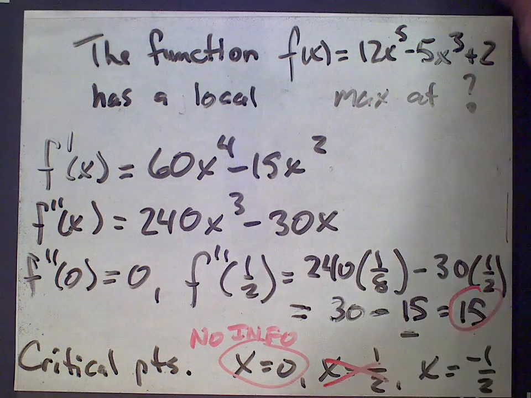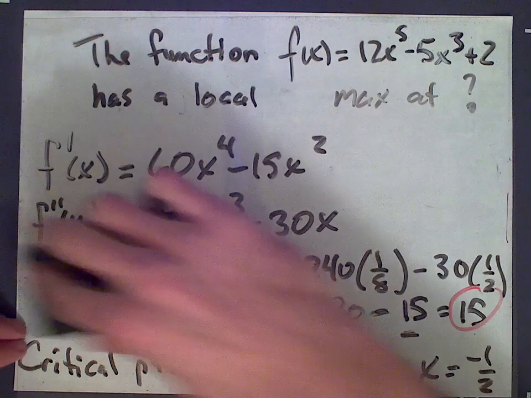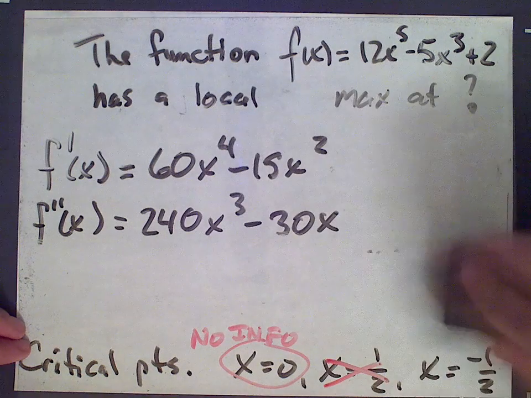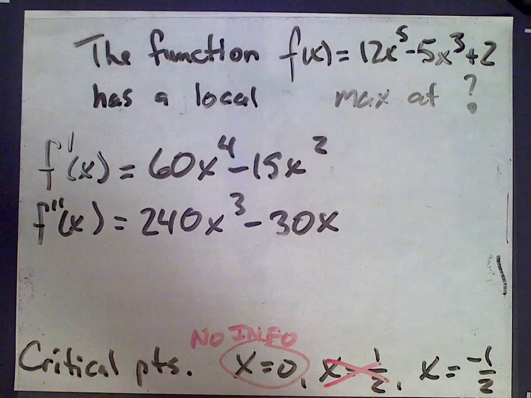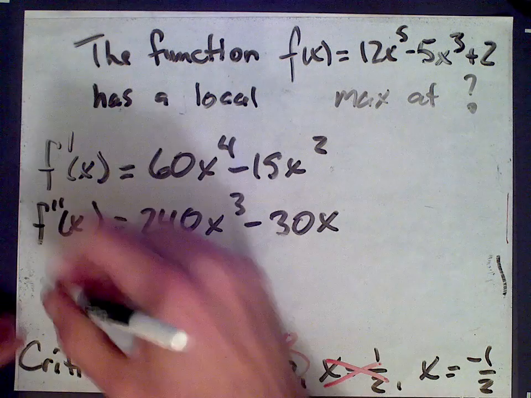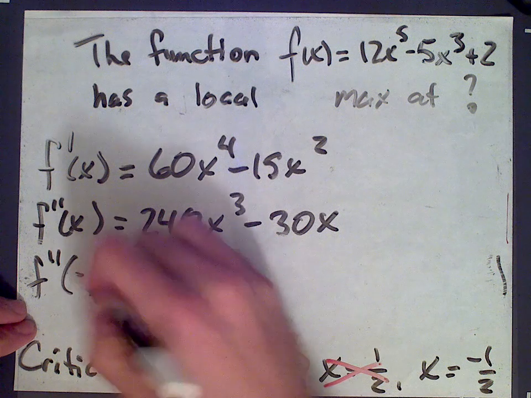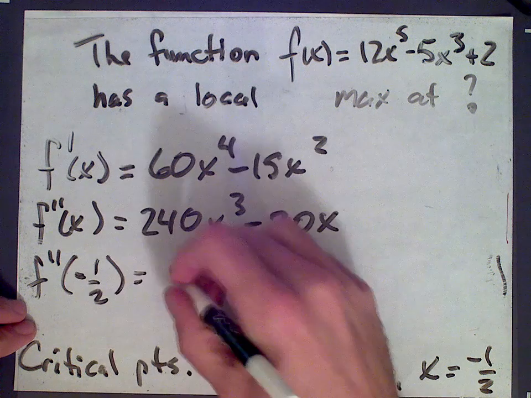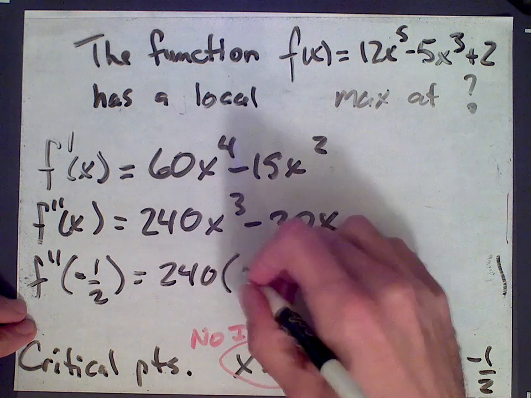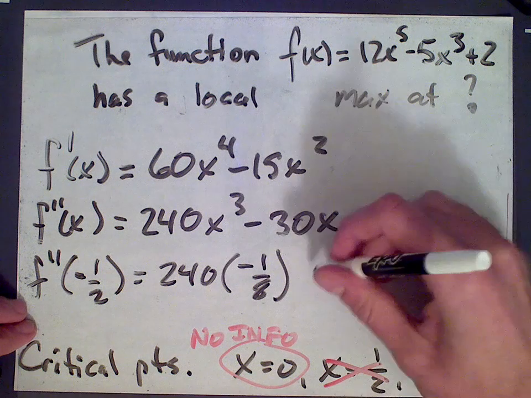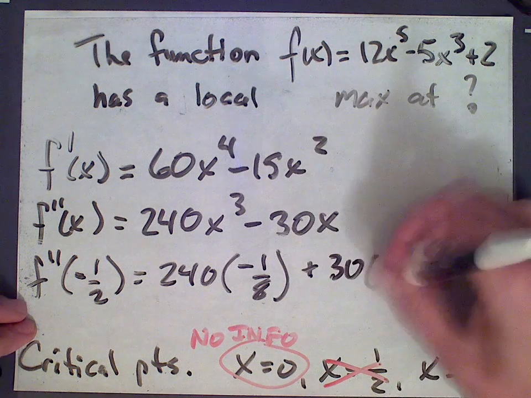And let's try x equals negative a half. I'm going to have to erase this here. We plug x equals negative a half into our second derivative. F double prime at negative 1/2 is 240 times negative 1/8, so it's minus and minus, that's plus 30 times a half.